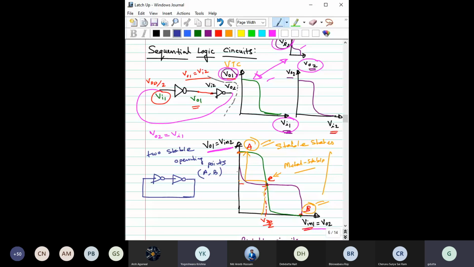If you see from the input side, it stands for either 0 or VDD. So that means logic 0 or logic 1. So in terms of logic, the stable point is only logic 0 or logic 1, or in terms of voltage, only 0 volt or VDD. This is the stable point.